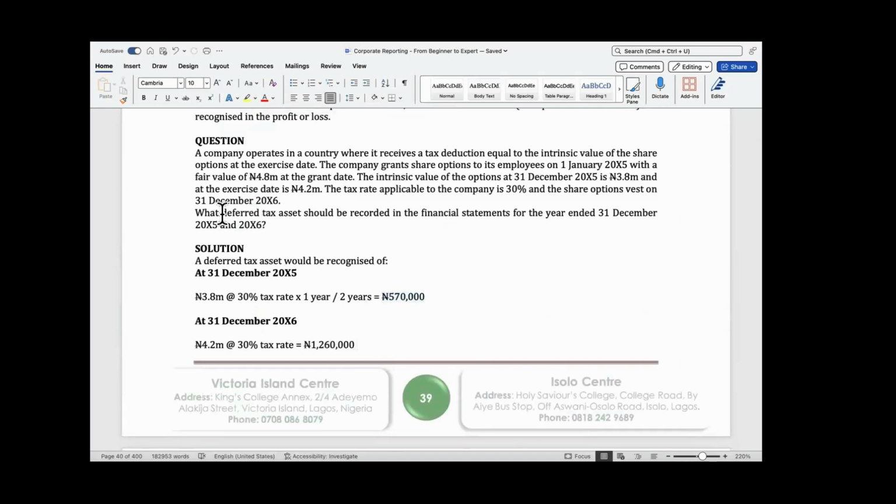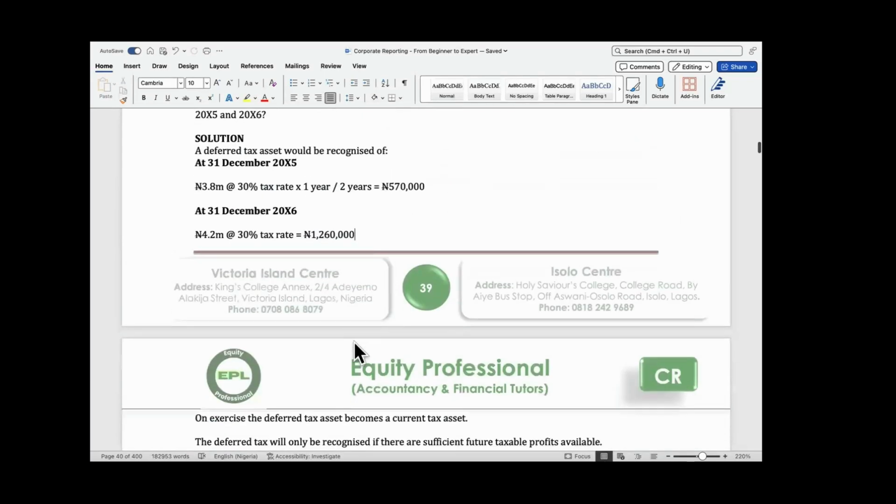But what the question is asking is the deferred tax that will be recorded. So this is the deferred tax at the end of 2006. But what goes to P&L is the increase, so it's like you are crediting the increase to P&L under your income tax.